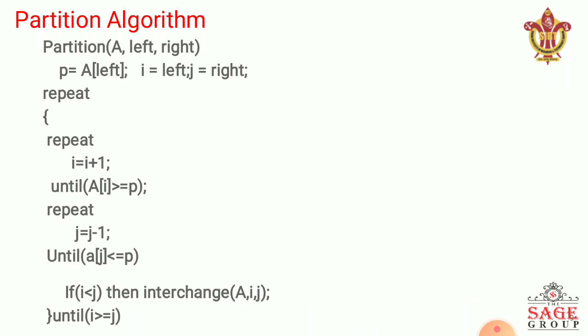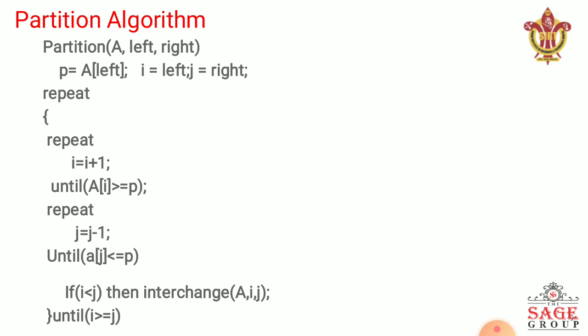Firstly, we discuss how the partition algorithm works. In the partition algorithm, we pass three parameters: an array a, its left index, and its right index. The left index represents the lower bound and the right index represents the upper bound of array a.